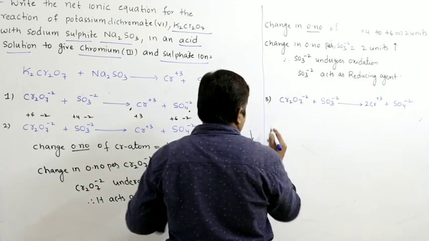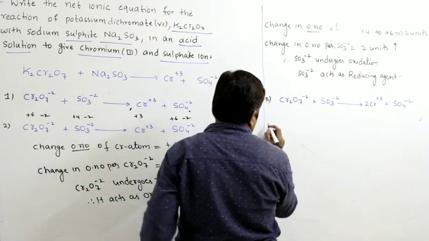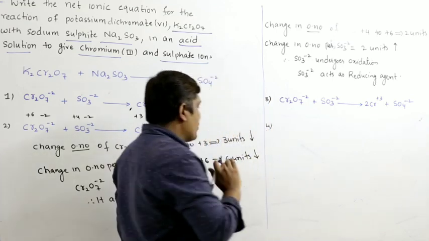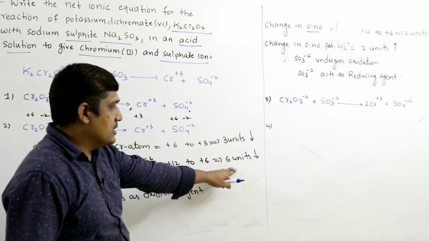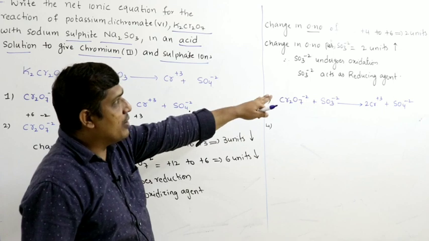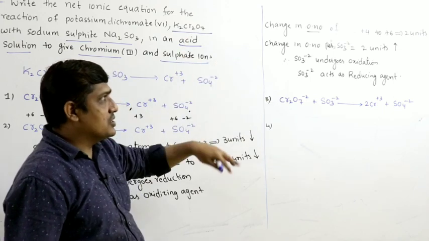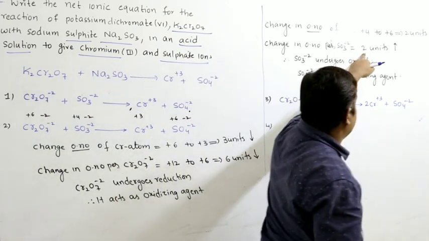So, adjusting the coefficient to make the number of units decrease in reduction equal to the number of units increase in oxidation. So, we have to make this 6.